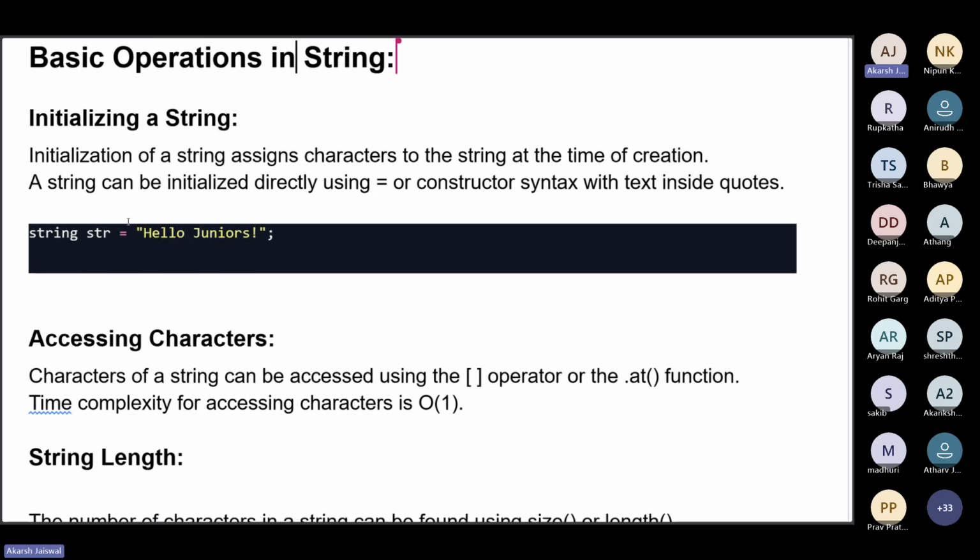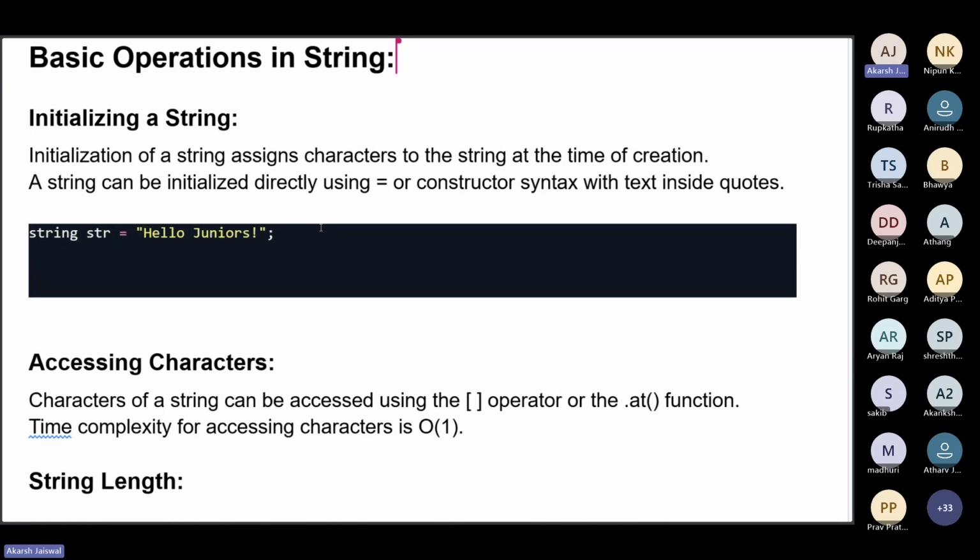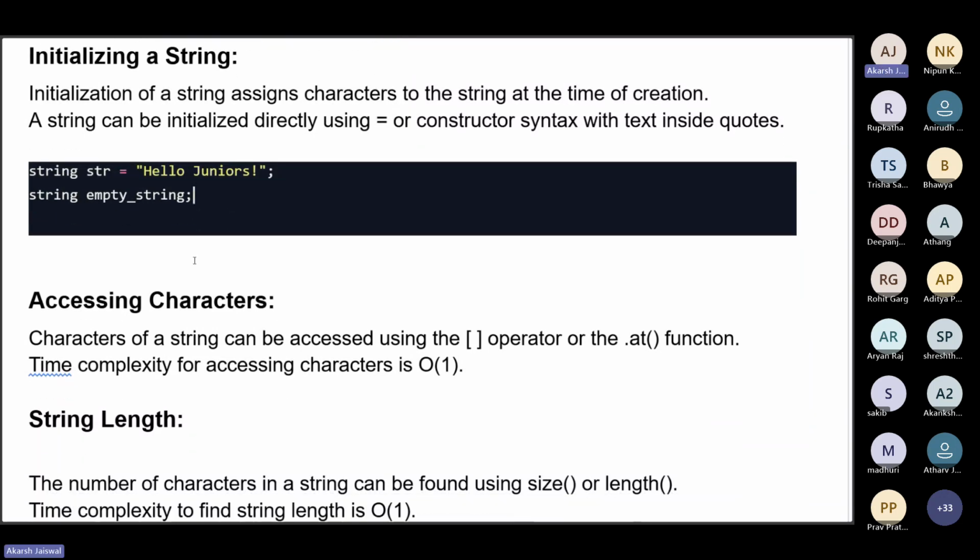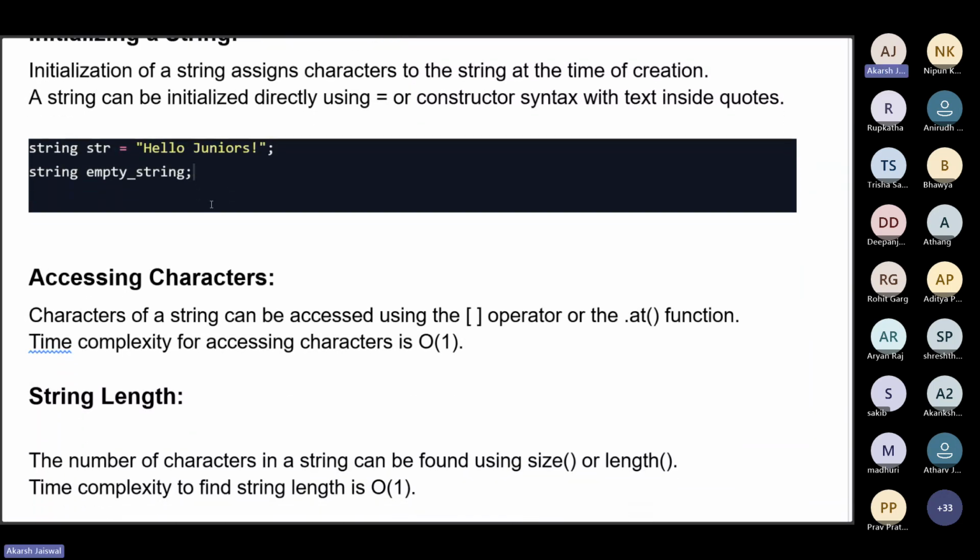First, initializing, just like how you do it for integers: data type, name, and value. So string str is equal to this. You can also initialize an empty string, if you don't want to initialize a value early.